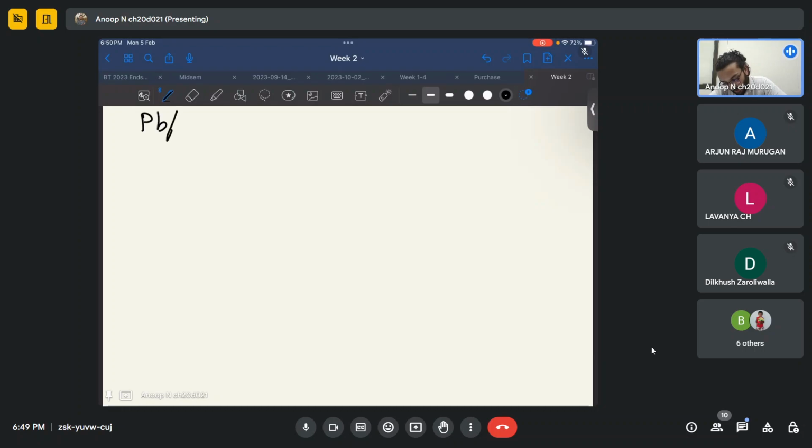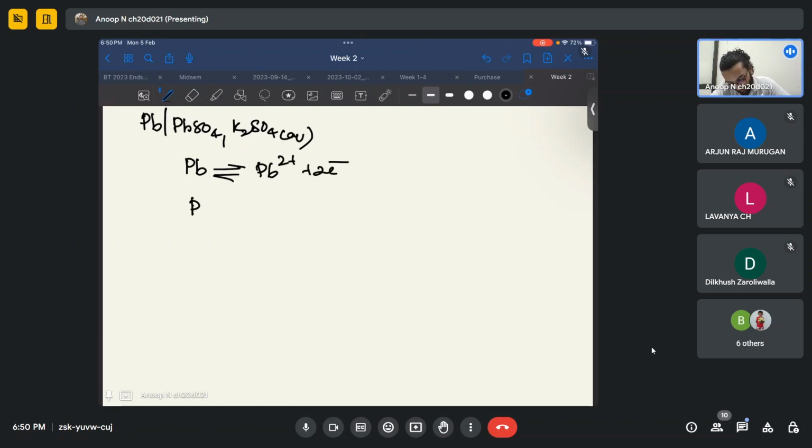Pb|PbSO₄, K₂SO₄ aqueous. So what will be the reaction? Pb gives Pb²⁺ plus 2 electrons, where Pb²⁺ again reacts with SO₄²⁻ to give PbSO₄.